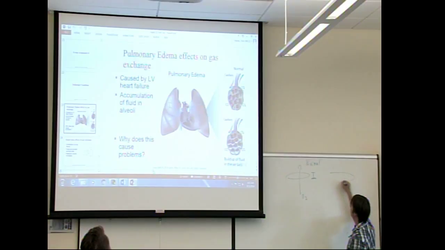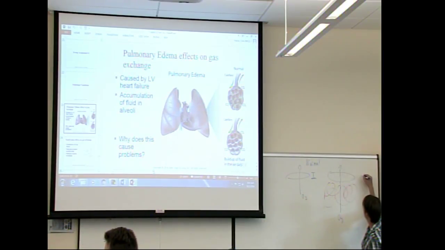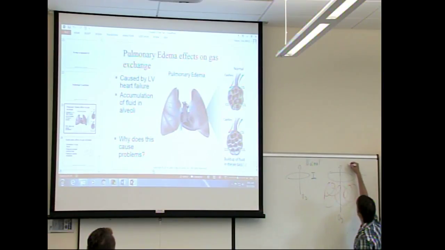But if you end up with pulmonary edema and half the alveoli is full of water, like that, now how far does it have to go? It has to travel all the way through here to diffuse. And the farther it has to diffuse, the longer it'll take, and the less oxygen actually gets into your blood. This would be edema.